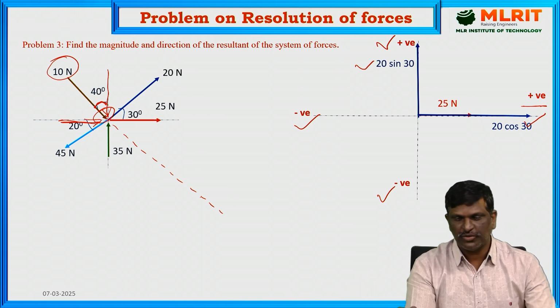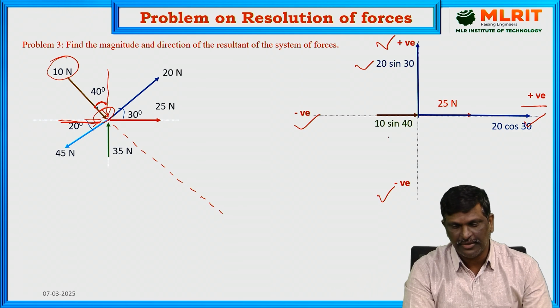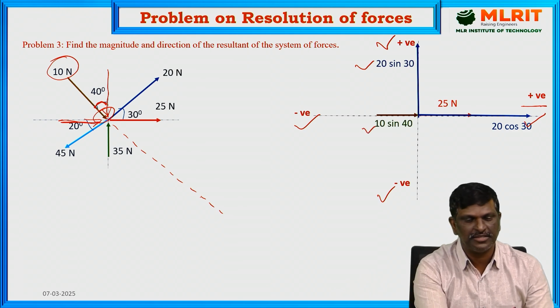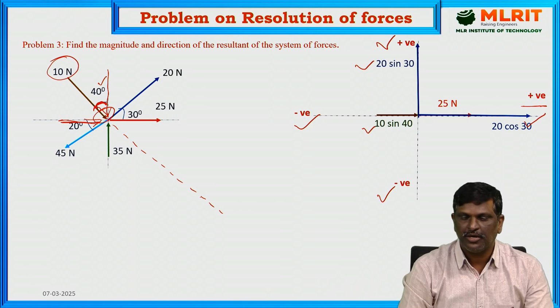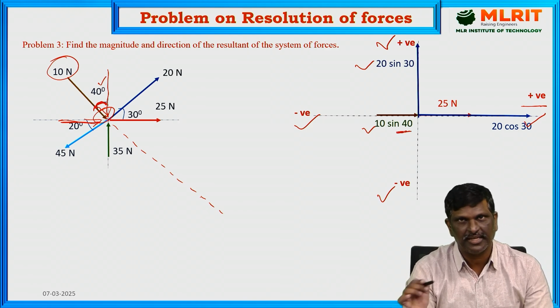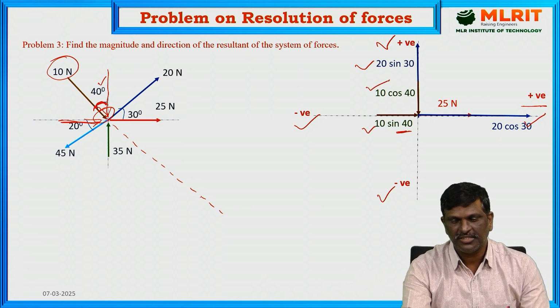So for this force, the horizontal component is 10 sin 40 because the angle is given with respect to vertical. So vertical component will be cos, horizontal component is sin. Now the vertical component is 10 cos 40.